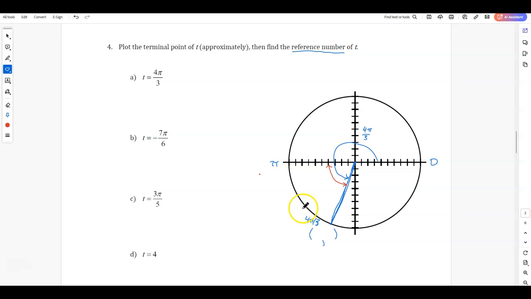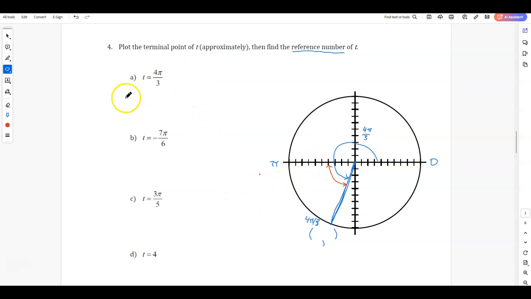So one way of doing it is, if they're close enough, you can just subtract these two. 4 pi over 3 minus pi would be that angle that's right there, right? Just the difference between those. So I have all this way I went around, and then I'm just going right back again, just this little amount. So subtracting this whole top half, that pi, is what you can do.